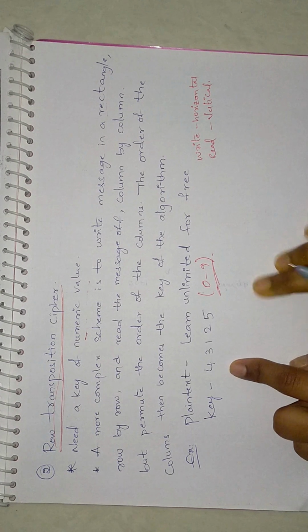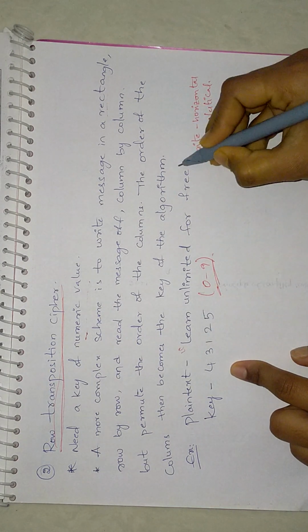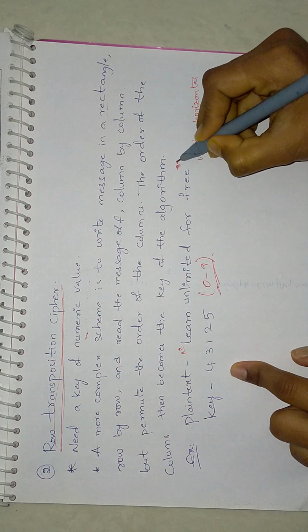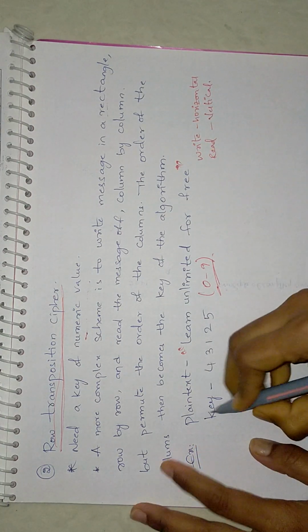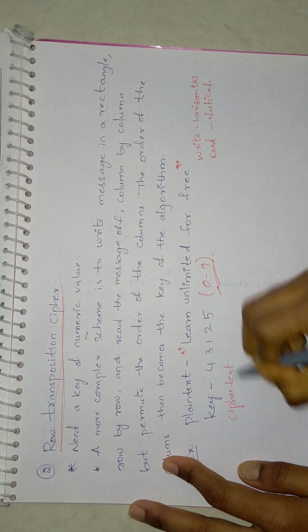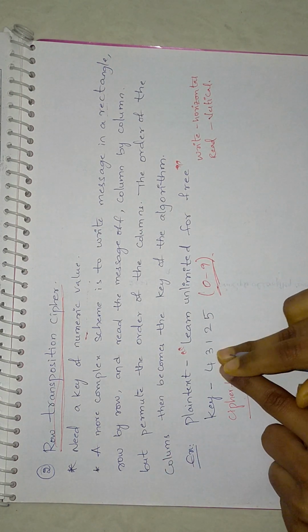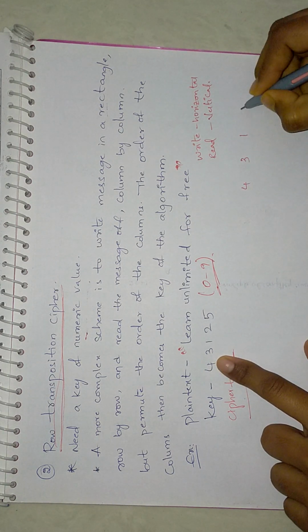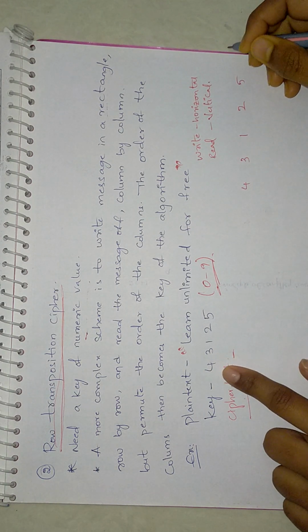Now let's encrypt. This is the plain text, learn unlimited for free. This is the plain text that we are trying to encrypt, and we will find the ciphertext for it. First, the key is 43125.